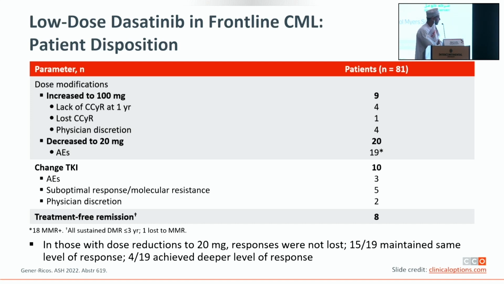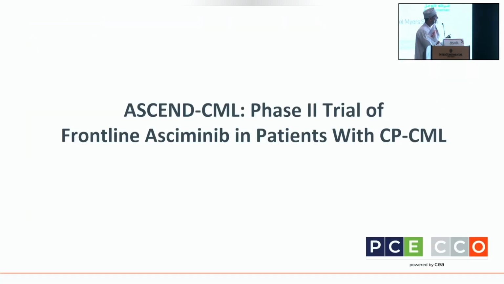When you look at the change to another TKI, 10 out of 81 had to be changed because of adverse events, suboptimal response, and physician discretion. For treatment-free remission, 8 attempted TFR, and only 1 of them lost the MMR. So all important goals of therapy may be achieved with that approach.